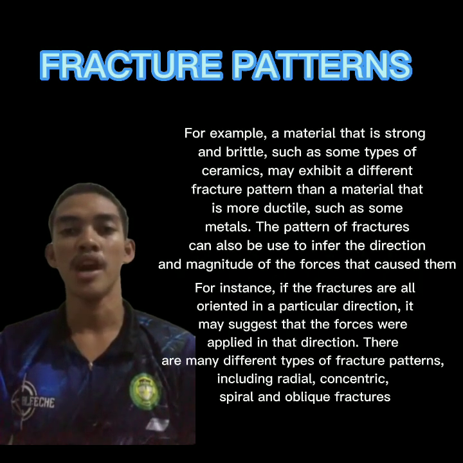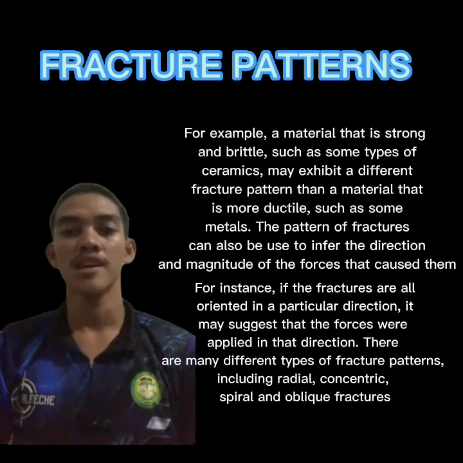For example, a material that is strong and brittle, such as some types of ceramics, may exhibit a different fracture pattern than a material that is more ductile, such as some metals. The pattern of fractures can also be used to infer the direction and magnitude of the forces that cause them.